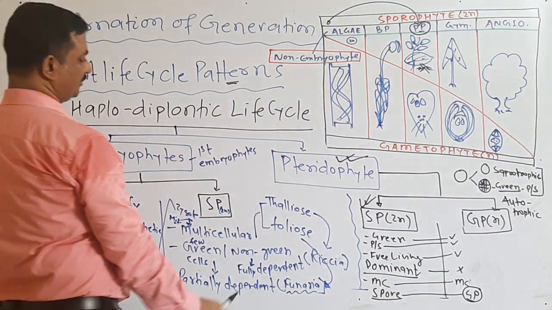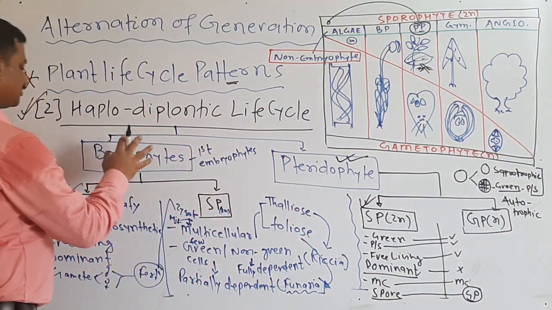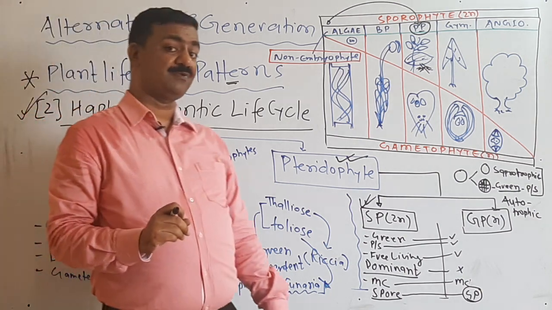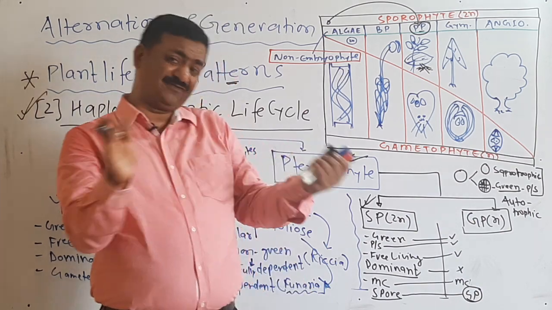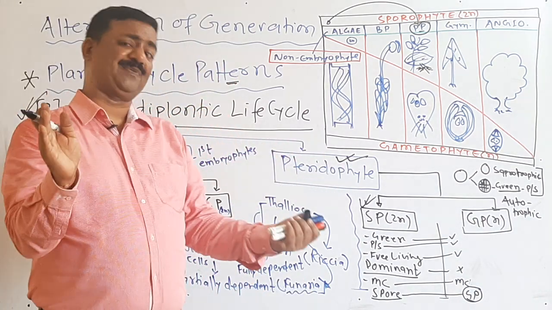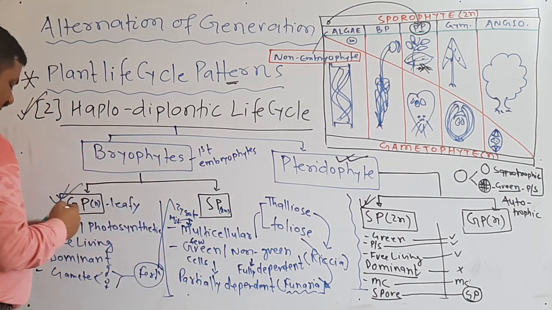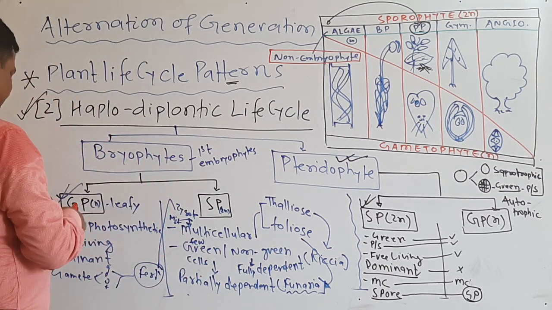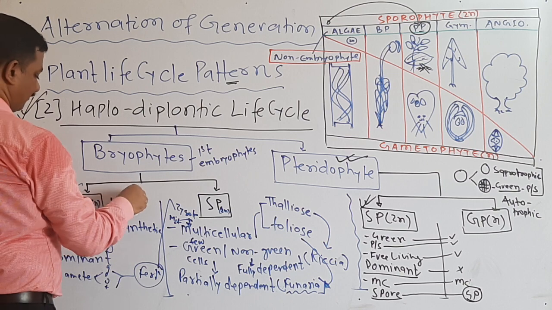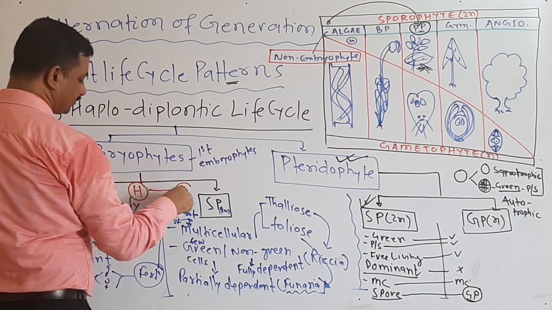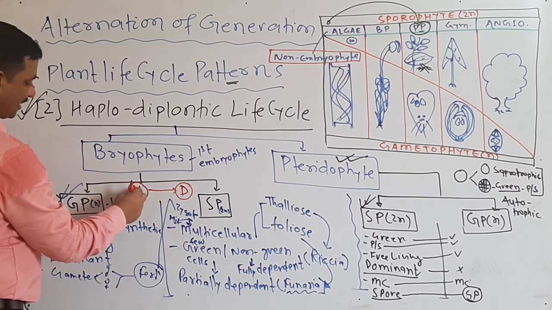So all plants of pteridophytes and all plants of bryophytes are haplodiplontic. But when you are told to specify the life cycle pattern, you can say it starts with a haploid structure and comes to a diploid structure. So very good, you can say haplodiplontic.